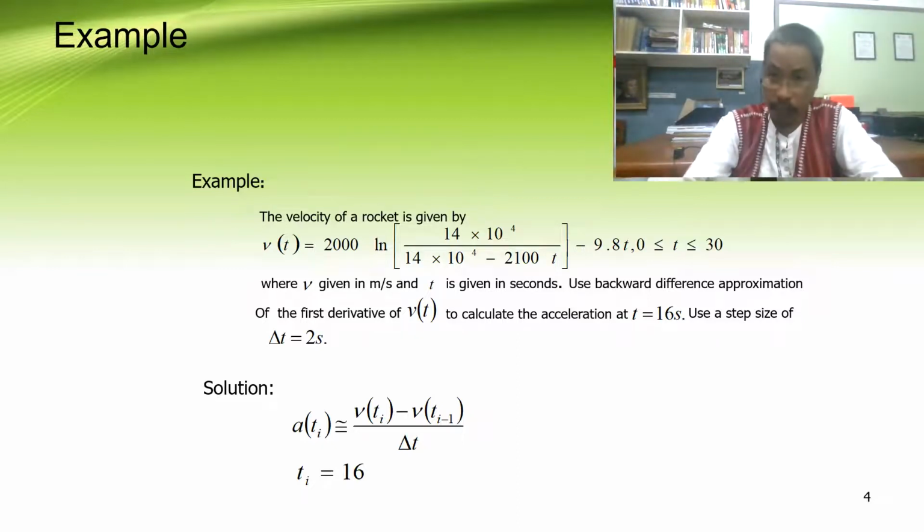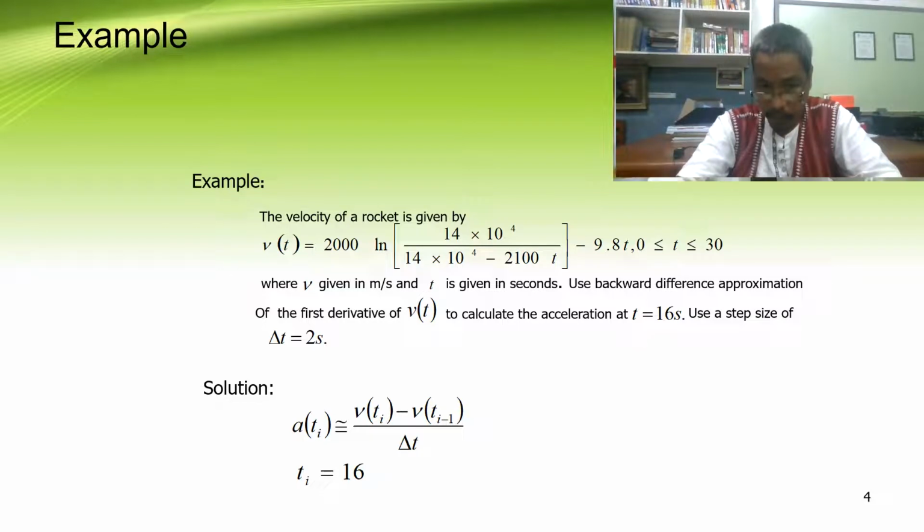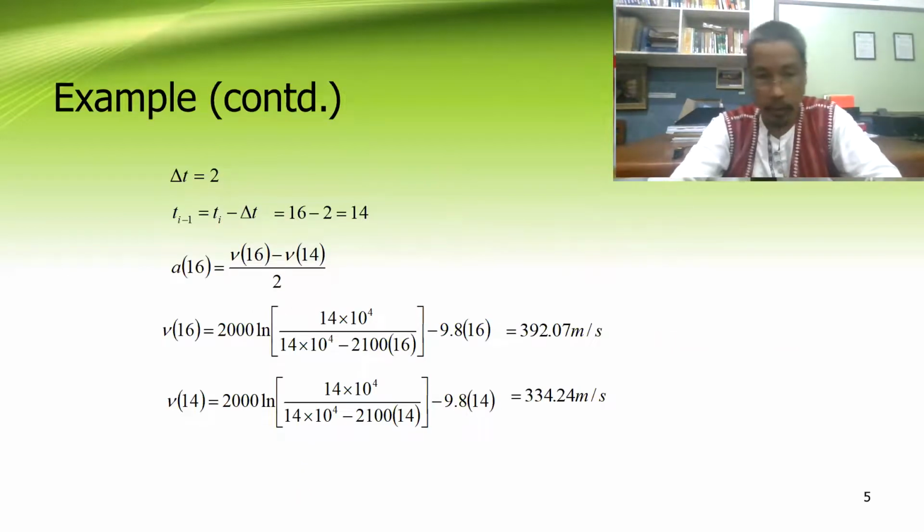Due to the relationship with velocity and acceleration, we could have a numerator v function of t minus v function of t i minus 1 divided by the denominator delta t, while t at i is equal to 16 seconds. So let us solve for the unknowns. So delta t is given as 2 seconds.